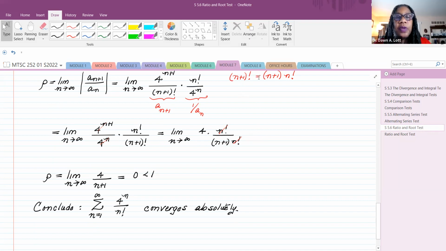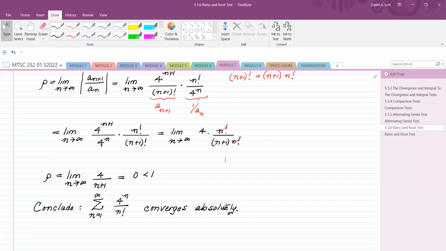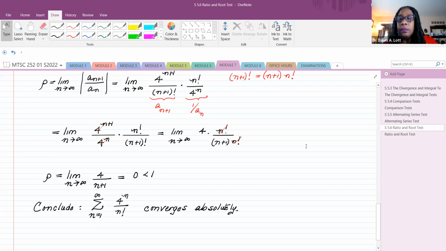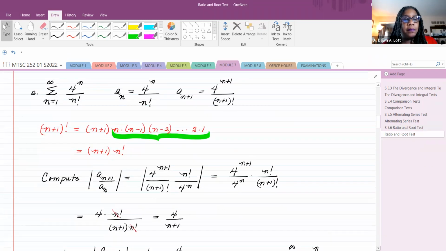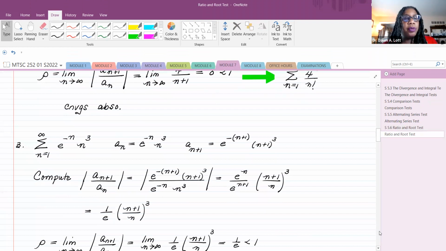So n plus 1 factorial is n plus 1 times n factorial. So therefore, you can divide out the n factorials and only leave the n plus 1. Peyton? Yeah, I got it. Okay. All right. Oh, here's number 3.